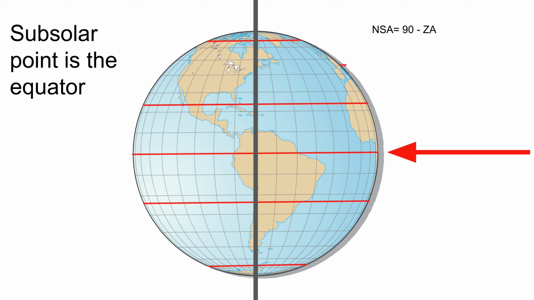If we were at 45 degrees north, the sun would be hitting the surface at a 45 degree angle, 50 degree angle, 60 degree angle, 70, 80, and finally, the sun's beams would just be parallel to the surface of the Earth at the North Pole.